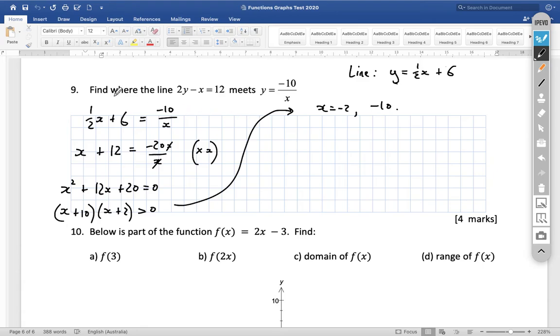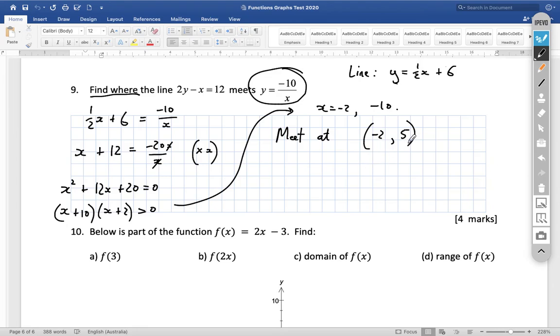Now, I think it says find where. I think you should always be saying the actual point. So the curves meet at -2. Now if I put the -2, this equation will be a nice and easy way to do it. Y equals -10 on x, where x is -2. -10 divided by -2 is a 5.